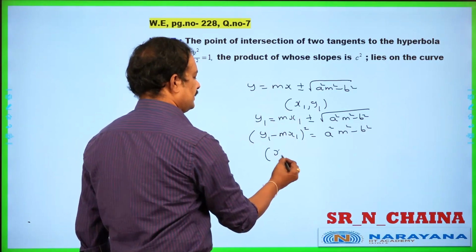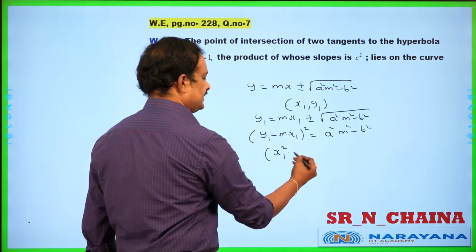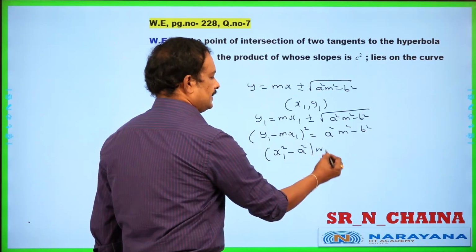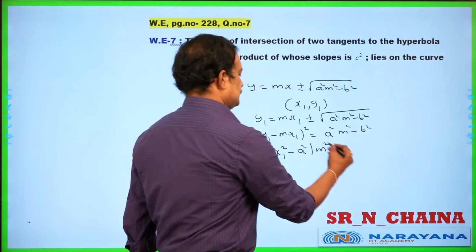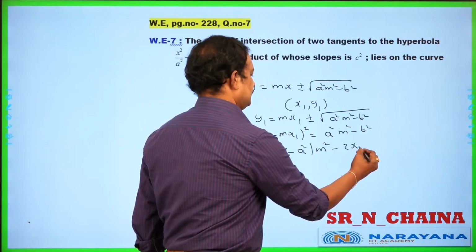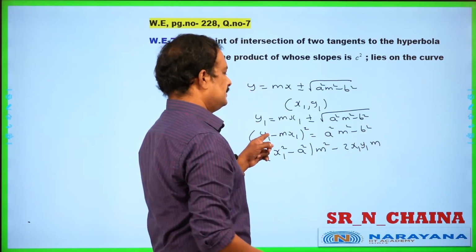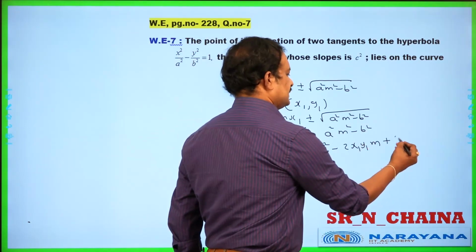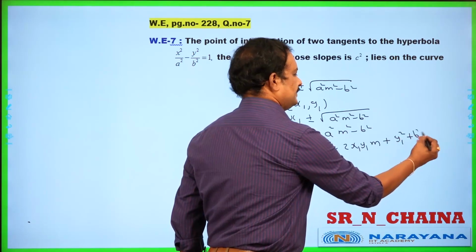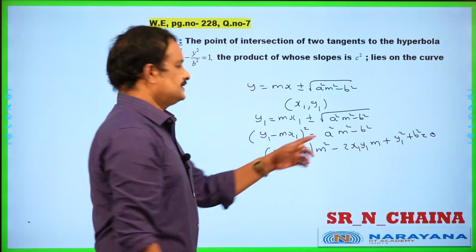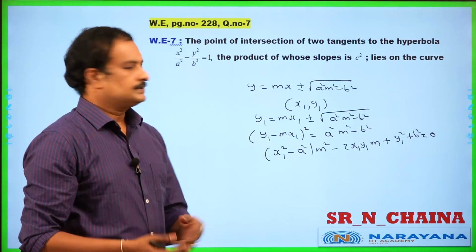Here we are going to have x1 square minus a square into m square, next minus 2x1 y1 into m, and the constant is y1 square plus b square equal to 0. So this is quadratic in m there. So what is the given one?